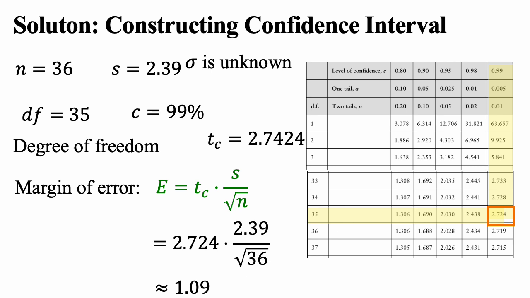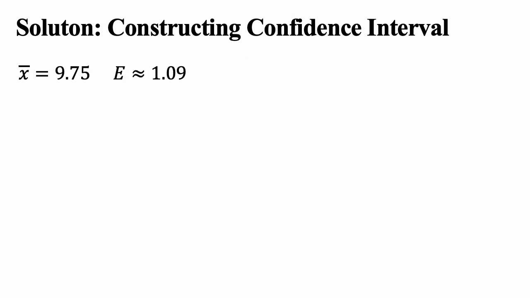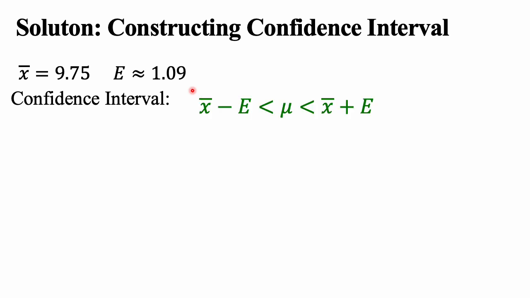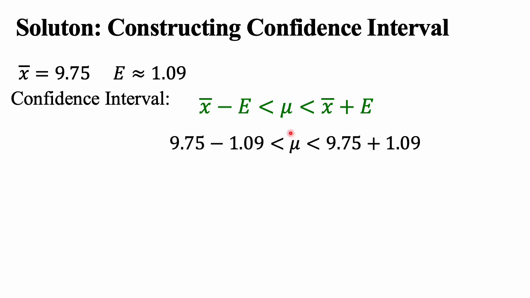Now we can construct the confidence interval. Sample mean 0.75, margin of error 1.90. Left-hand point is sample mean minus margin of error, right-hand point is sample mean plus margin of error. So the population mean should be between two values.